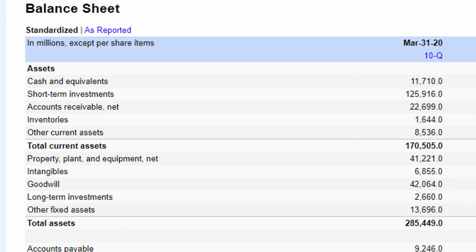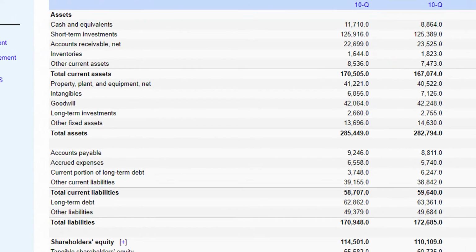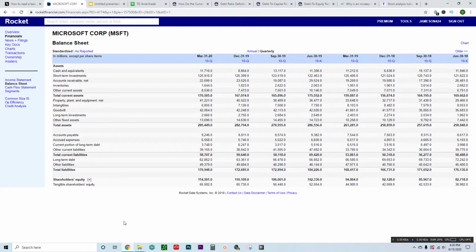If you look at just cash, you're going to be like, wow, the company just raised $100 million. But down here on long-term debt, that's also going to increase by $100 million. So not only is the company going to have to pay back that long-term debt, but they're also going to have to pay interest on that debt going forward. So just one thing to be aware of.